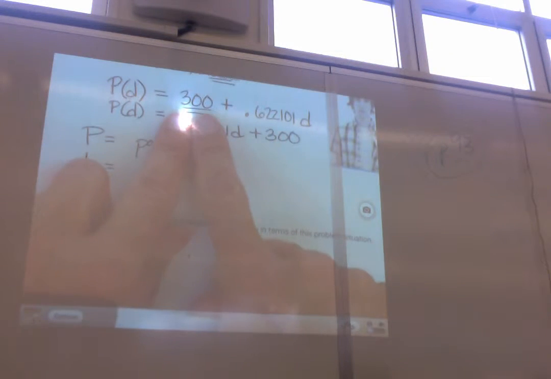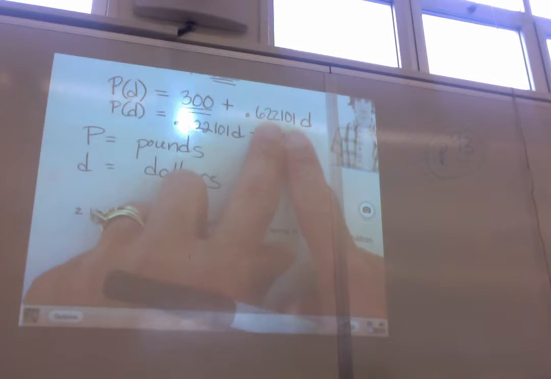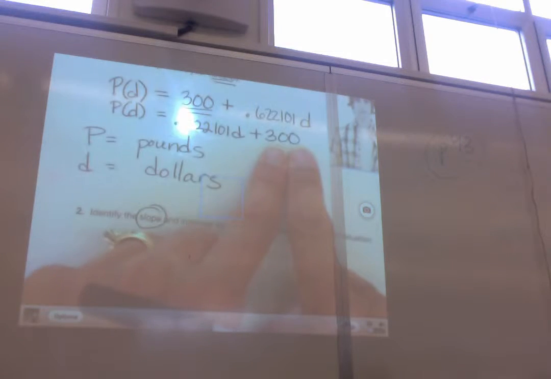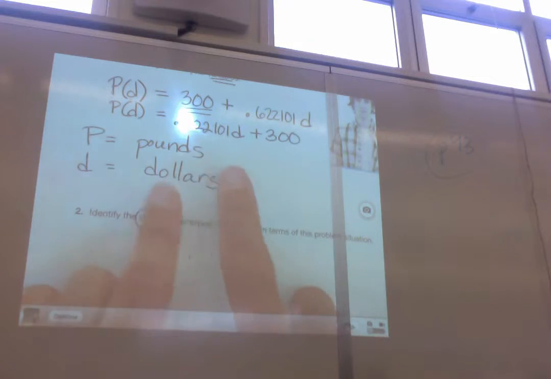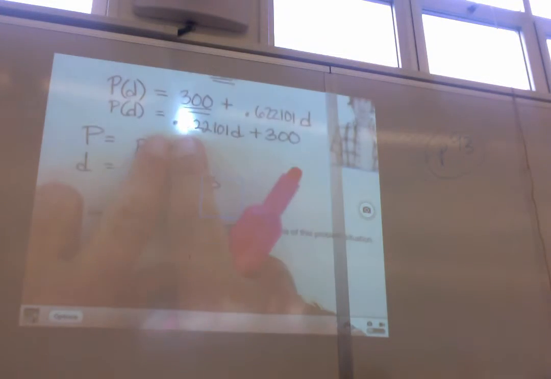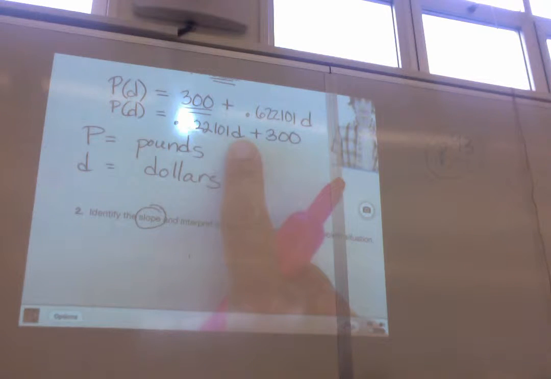I did this at first because I wanted you to focus on we're starting with 300 and adding a little bit based on how many dollars. But if you look at it in y equals mx plus b form, you would put the variable term and then the constant term. So now, if I'm looking at this function this way, my variable is D. So what's the slope?